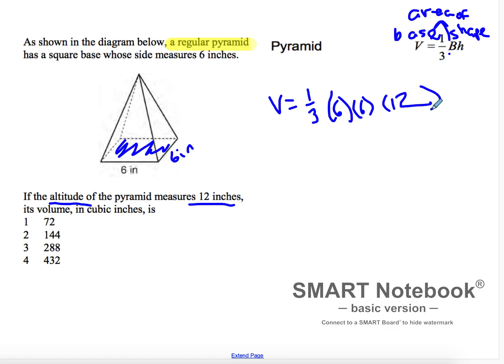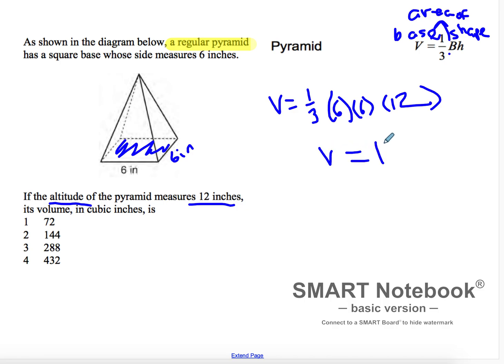So what we end up doing is just some simple multiplication after we plug into this formula, and we get 1/3 times 6 times 6 times 12. 6 times 6 times 12 is 432, times that 1/3 gives us 144.